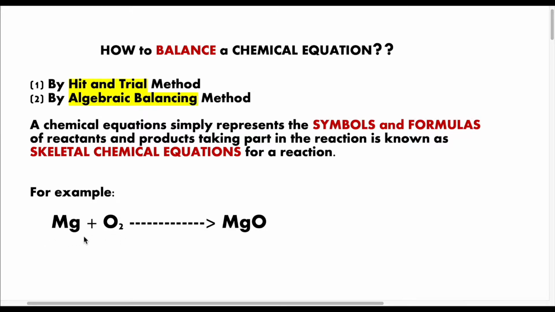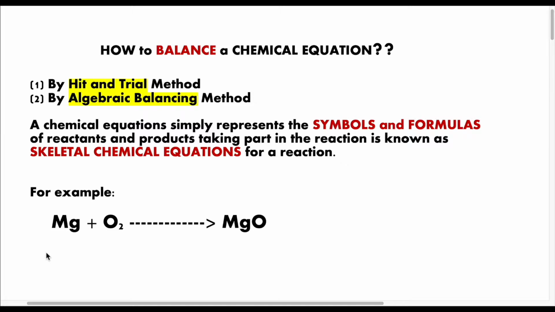You know that reactants are written on the left hand side of the arrow, and products are written on the right hand side of the arrow. They are taking part in a reaction, and a chemical equation that simply represents the symbols and formulas of reactants and products taking part in the reaction is known as a skeletal chemical equation.